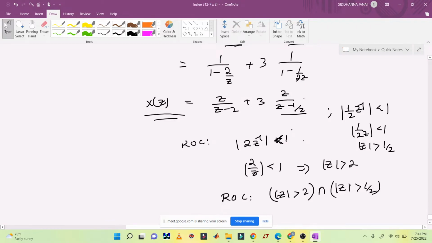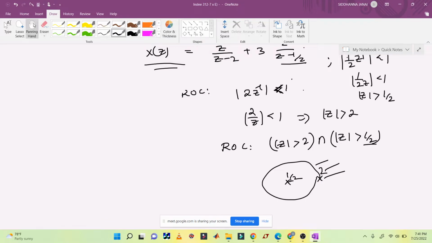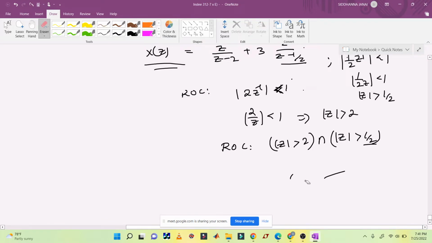It is very easy to understand. Z greater than 2 includes z greater than 1 by 2, right? If this is 2 and this is 1 by 2, and I say the ROC is greater than this one, it will not include any of the poles. So it is obviously greater than 1 by 2. That's why we can write the ROC as magnitude of z greater than 2. So this implies the ROC of this is magnitude of z greater than 2.